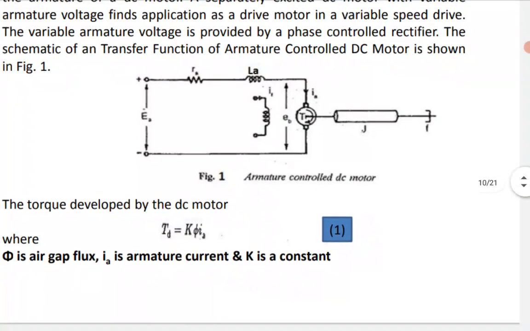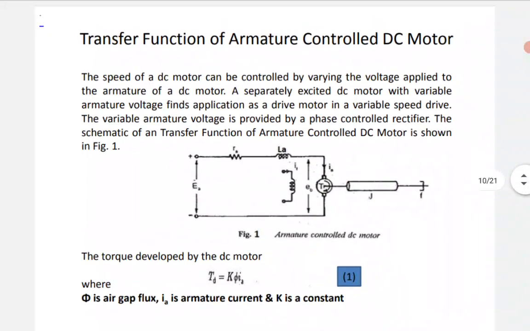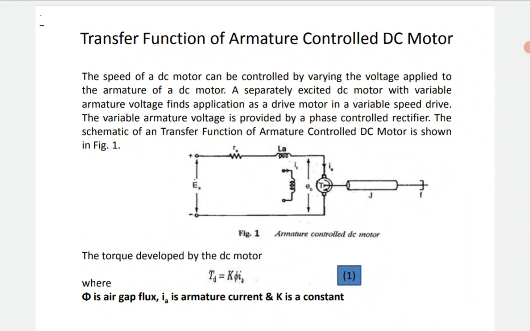F is the viscous coefficient. These are the respective parameters. And when you are discussing the armature controlled DC motor, keep in mind that we will consider the field to be fixed, and field related parameters are also taken as constant. Okay.